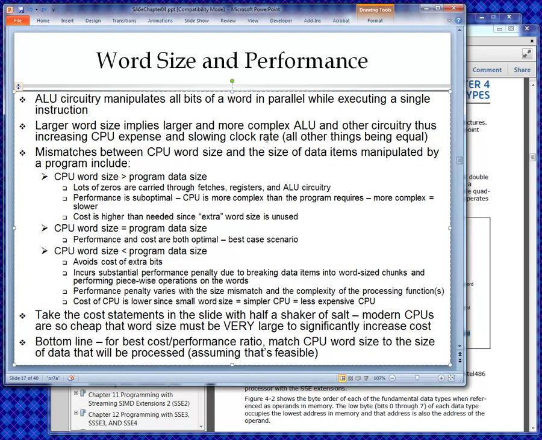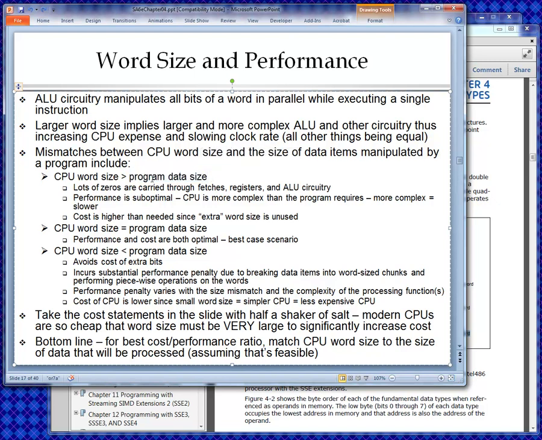Now, let's talk about mismatches between the CPU word size and what it is we want to add, subtract, multiply, divide, or compare. If the CPU's word size is bigger than the size of the data items in the program that I need to manipulate, then there is no performance penalty.